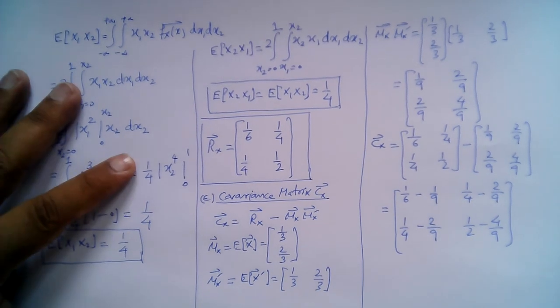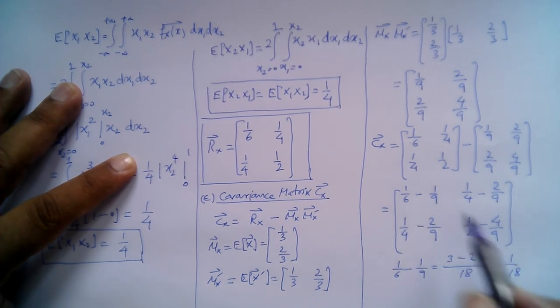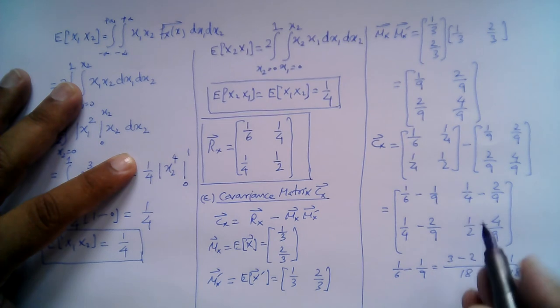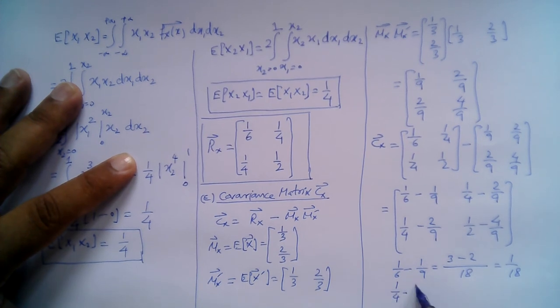So 1 over 6 minus 1 over 9, the LCM is 18, right? So this is 3 minus 2, which is 1 over 18, right? So this entry will be 1 over 18. And 1 over 4 minus 2 over 9, the LCM, no, the LCM will be 36, sorry, this time the LCM is 36.